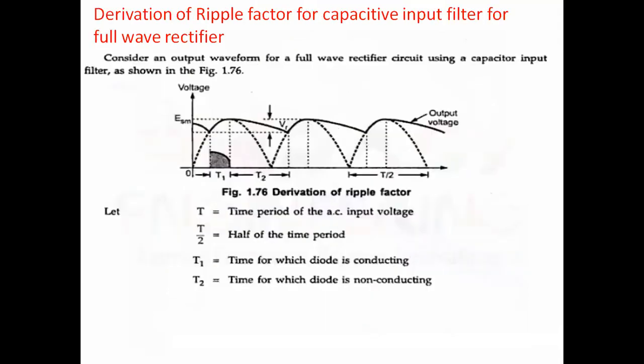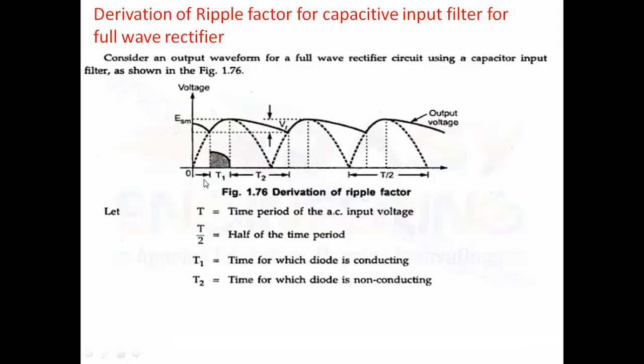Whether it is a center tap or a bridge rectifier, the derivation for the capacitor input filter is the same. Consider the waveform for a full wave rectifier using the capacitor input filter. We get the output waveform like this; the darker line is the output waveform of the capacitor input filter.